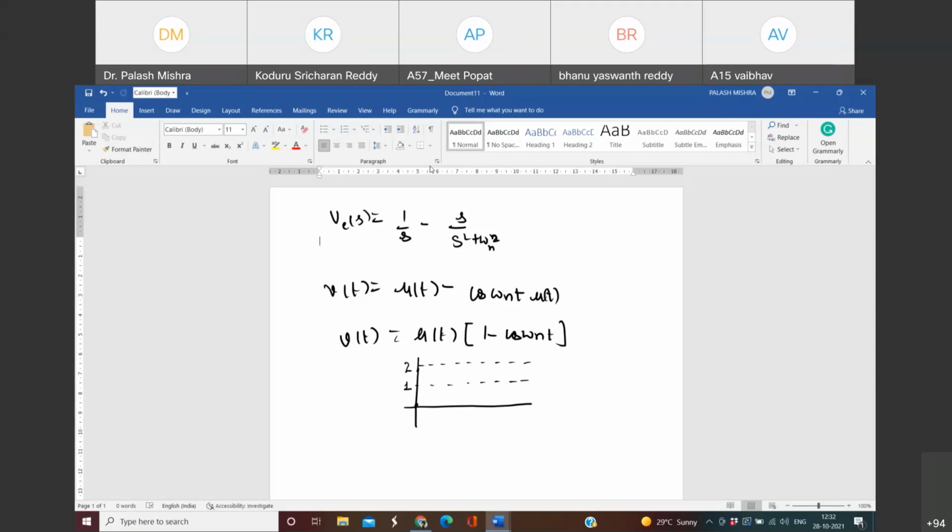It will be 0 and then it will oscillate something like this. So VC(t), the capacitor voltage, keeps on oscillating. It is not damping, not the exponential damping, not even the exponential rise. It is oscillating between 0 and 2.